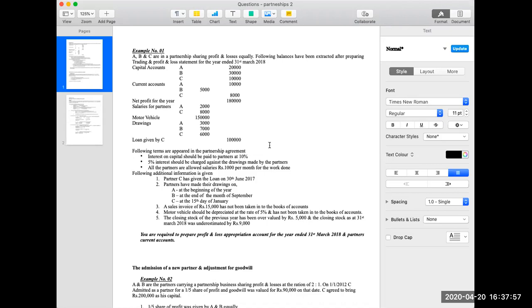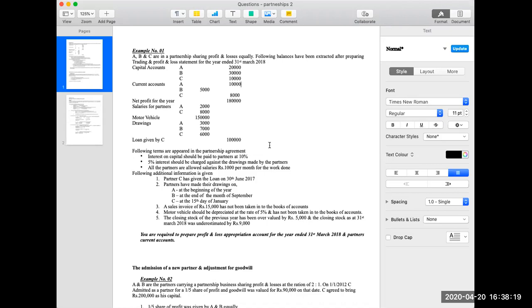Then this is a loan. Therefore, like in any other business, this partnership business is having a loan account and they are having a credit balance of 100,000 in the loan account. This interest charge is also credited to the loan account. Why is this credited to the loan account?